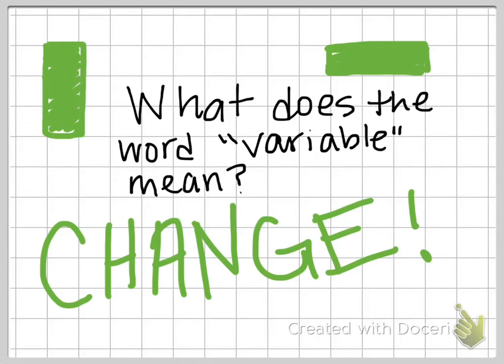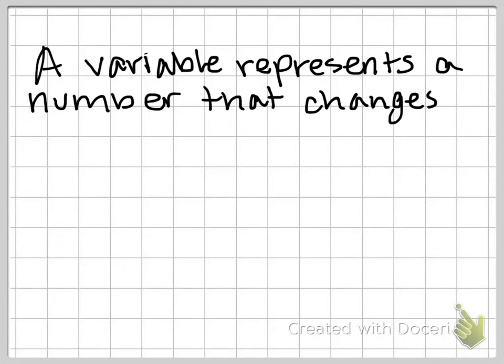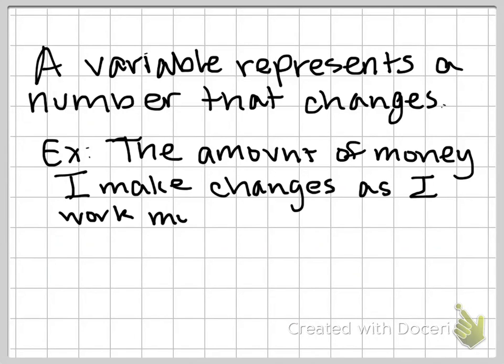Yes, on the screen, the x rectangle looks like it's 3 units, but it's actually representing any number that I want it to be. I can change that number depending on the problem. So a variable represents a number that changes. For example, the amount of money I make changes as I work more hours.